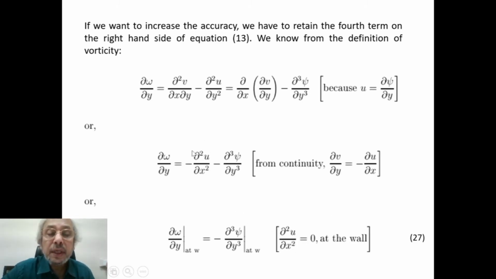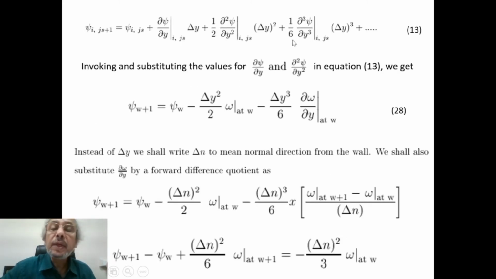So we can neglect this term. Del omega del y at wall is minus del 3 psi del y 3 at wall. Equation 27.